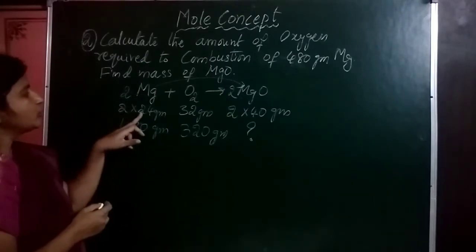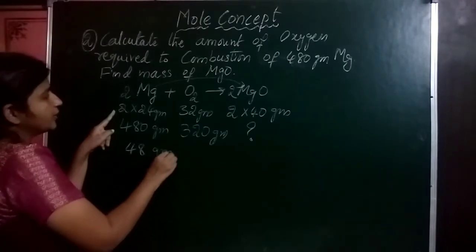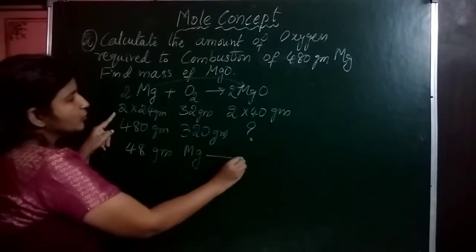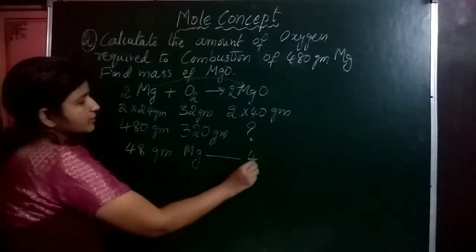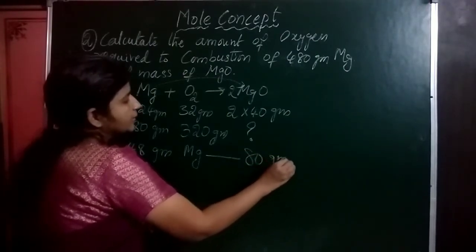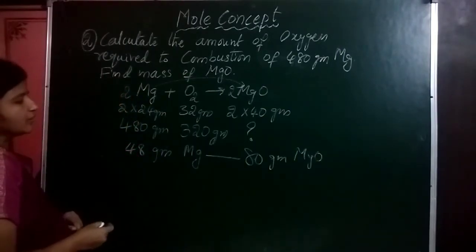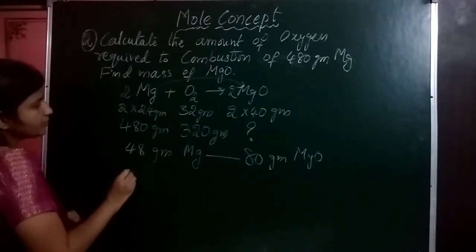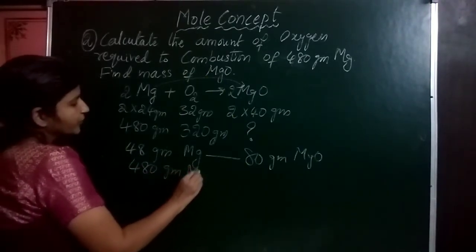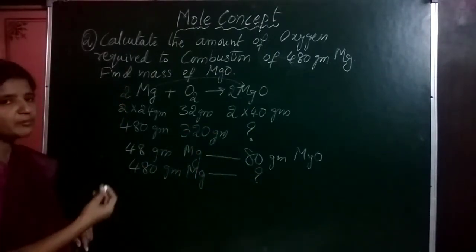2 into 24, 48 grams of magnesium reacts with oxygen and produces how much magnesium oxide? 40 into 2, so 80 grams of magnesium oxide. Now 480 grams of magnesium is giving how much magnesium oxide?